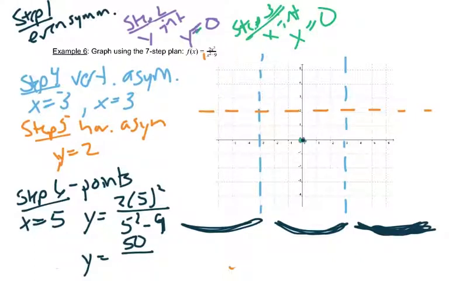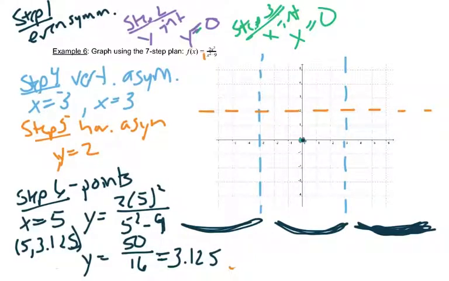And 5 squared minus 9 is 16. If we take 50 divided by 16, we get 3.125. So that tells us that we have this point (5, 3.125). So we could go over 5, up 3 and a little bit more, and we'd have a point.